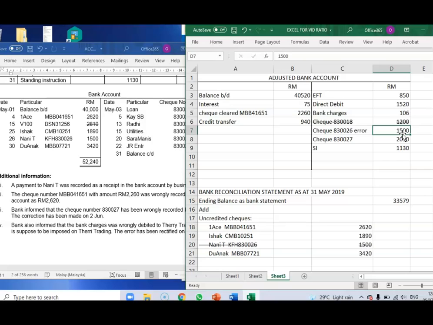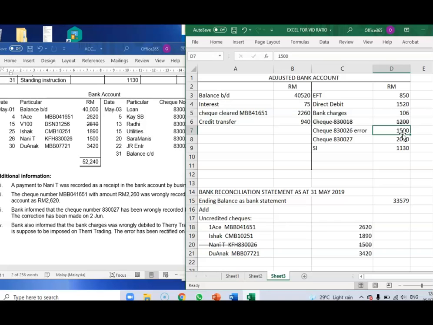Complete reversal. Instead of payment to receipt, receipt become payment, or payment become receipt. Both totally different.